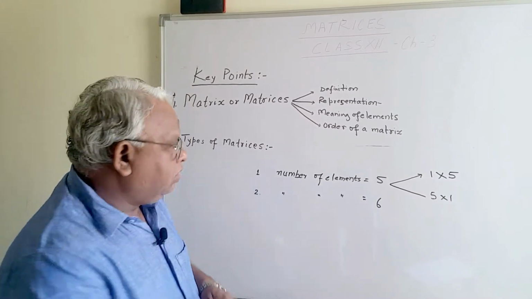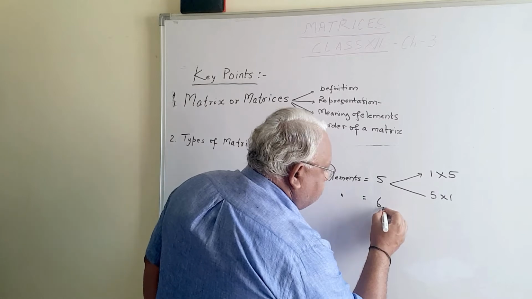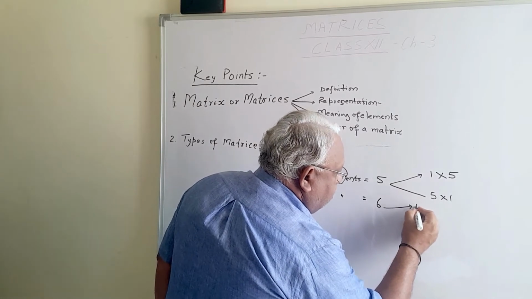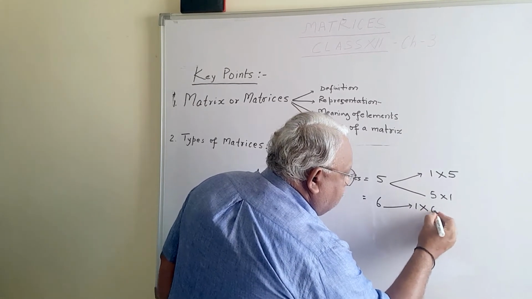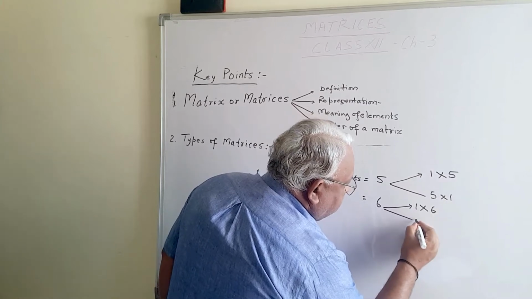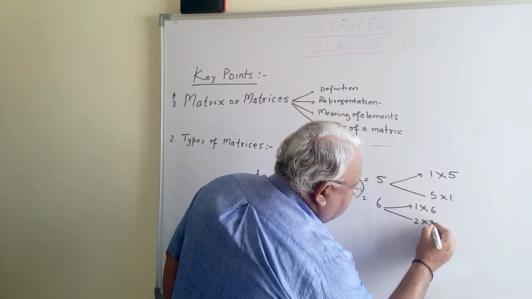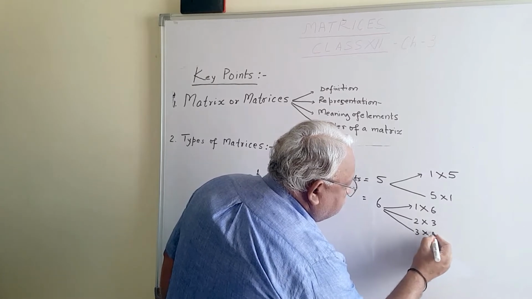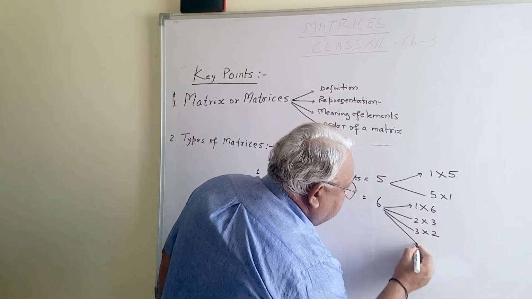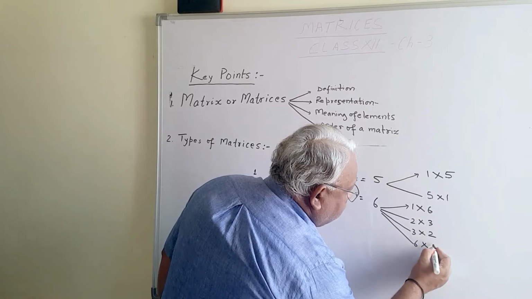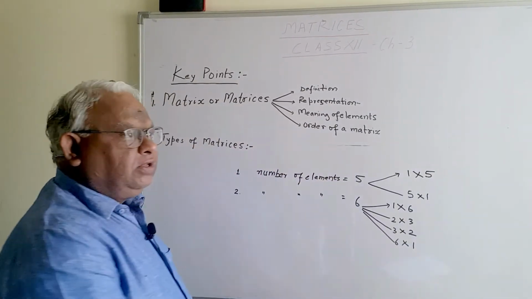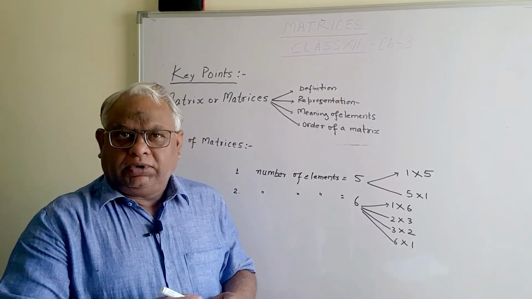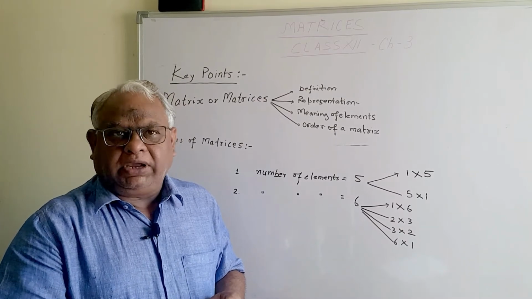Yes, perfect. Your answer is very much correct. Your answer is 1 into 6, 2 into 3, 3 into 2, and 6 into 1. So these are the four possibilities. What do you understand from here?